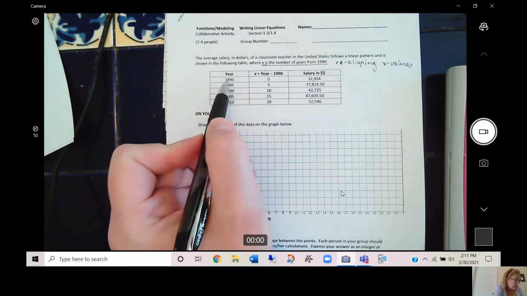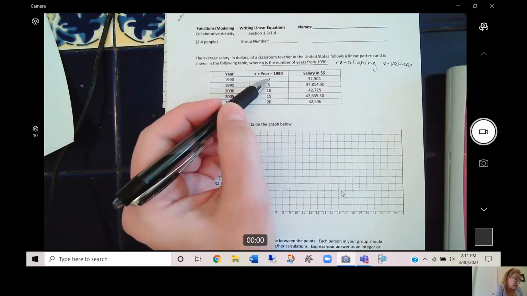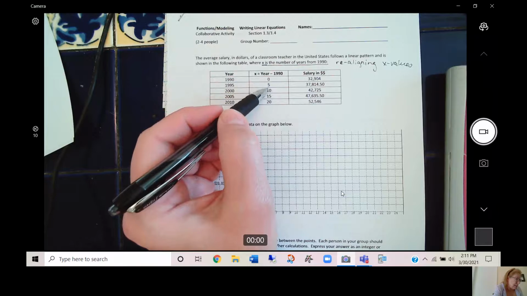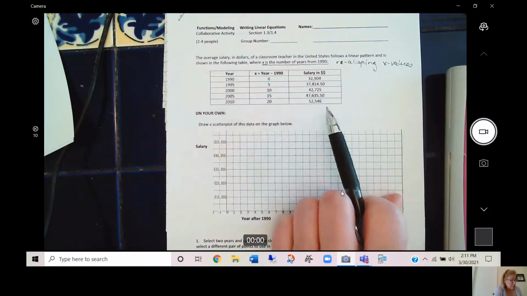They're saying our starting year is 1990. So you just subtract 1990 from every year, and what you have left is how many years after 1990 that year represents. That just makes our numbers easier to work with. And then this is the output.